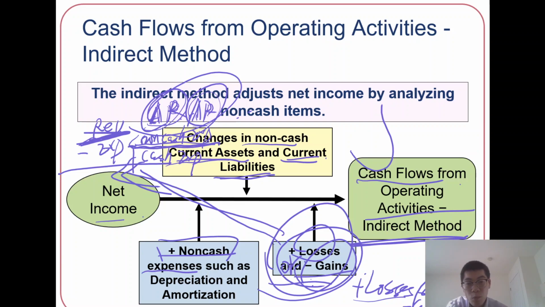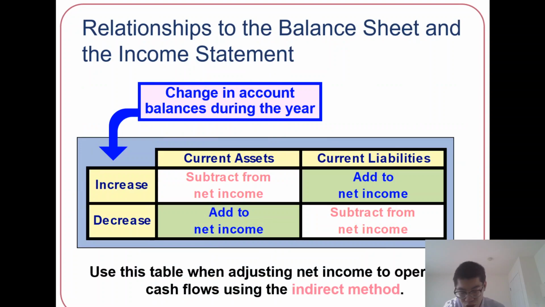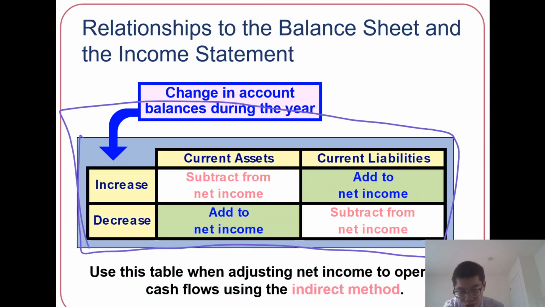And why is that? Go back to your disposal of equipment, and you'll see we make journal entries that involve losses and gains, and that is really not cash. All right, so here is the formula for you to deal with the change in account balances during the year.